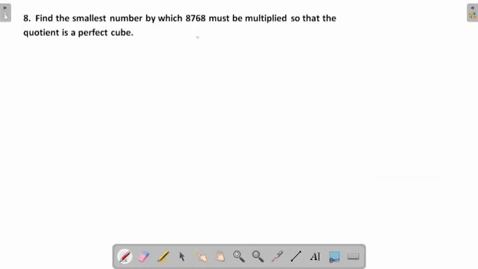Let's take one more problem, a similar kind of problem, but in this case you need to divide. I'm sorry, this is not multiply, this must be divided. This is what is given in the question: find the smallest number by which 8768 must be divided so that the quotient is a perfect cube.